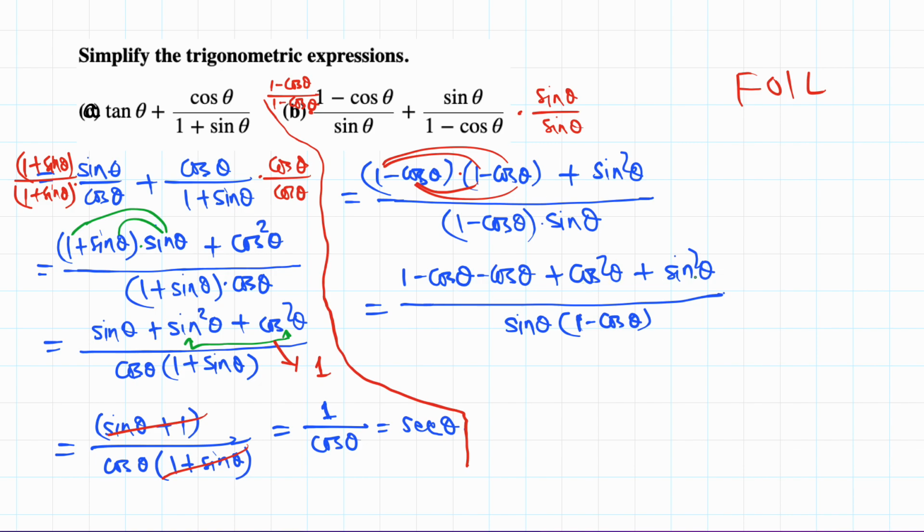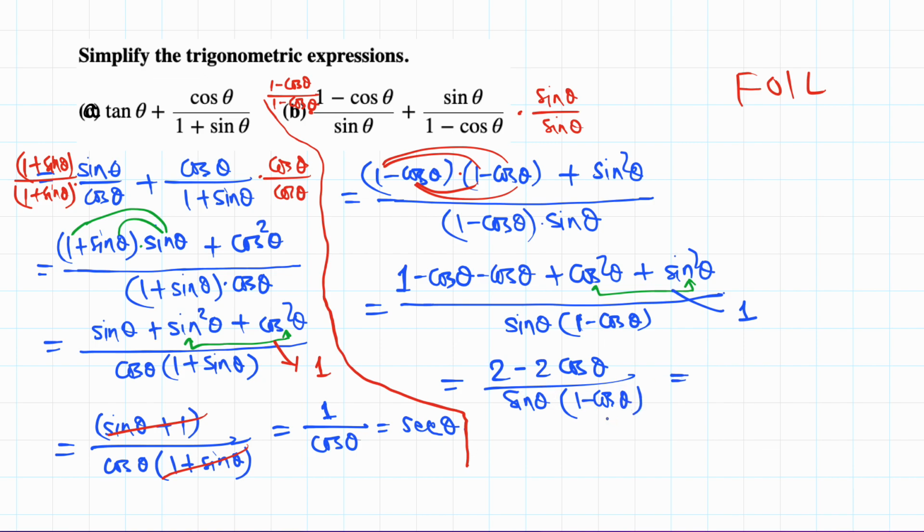Here cosine square plus sine square is the Pythagorean identity, that's 1. And I got 1 as well, so 1 plus 1 is 2. And minus 2 cosine theta. On the bottom, sine theta times 1 minus cosine theta.